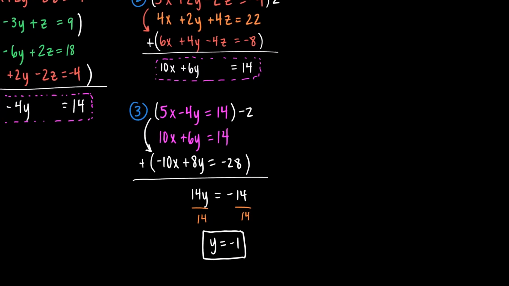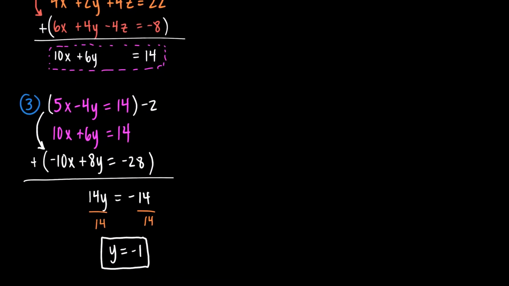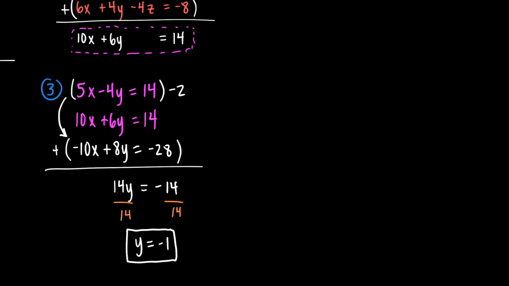Okay, so we'll do step 4 now. So step 4 is we're going to take the original equation, so 5x minus 4y equals 14, and we're going to use our knowledge that y is equal to -1.